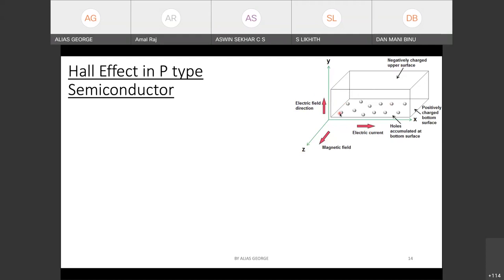Now you please assume positive charge as a particle with an effective mass. So what is the Hall voltage here? The bottom will be more positive than the top.